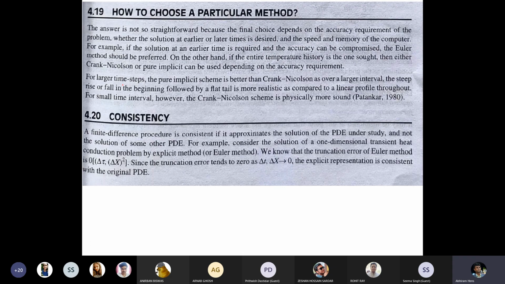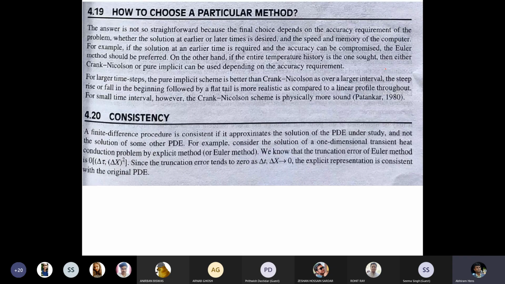If I read these few lines: the answer is not so straightforward, because the final choice depends on the accuracy requirement of the problem, whether the solution at earlier or later times is desired, and the speed and memory of the computer. For example, if the solution at an earlier time is required and accuracy can be compromised, the Euler method should be preferred.